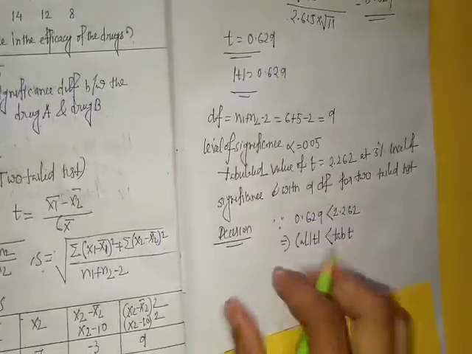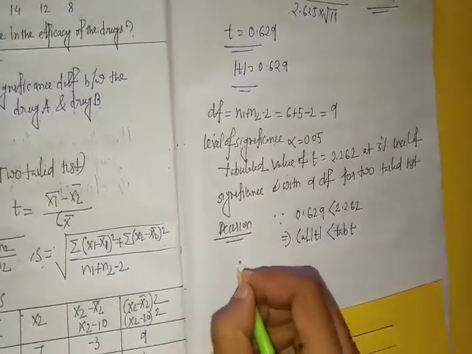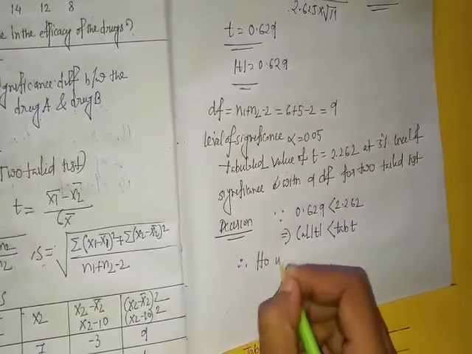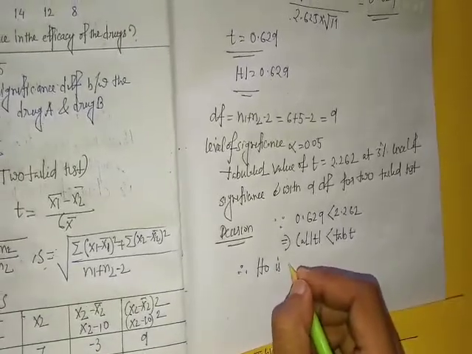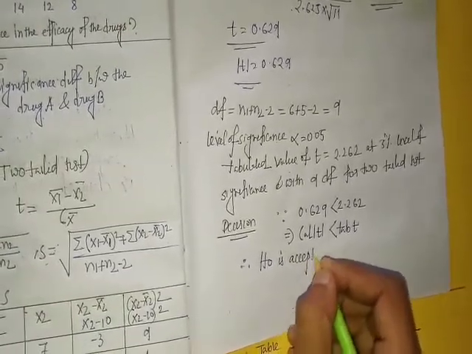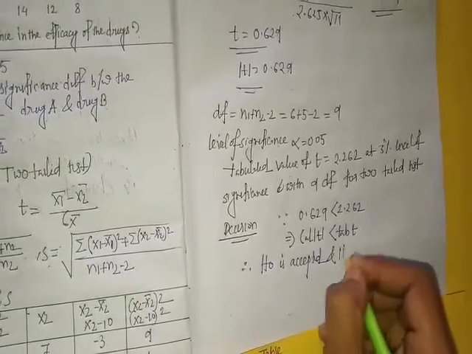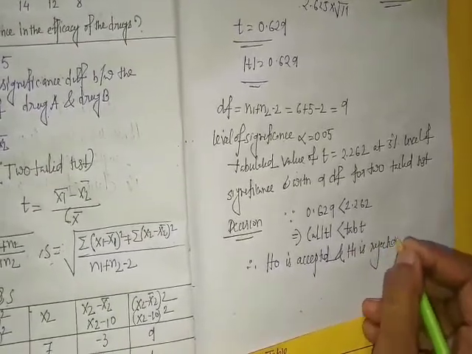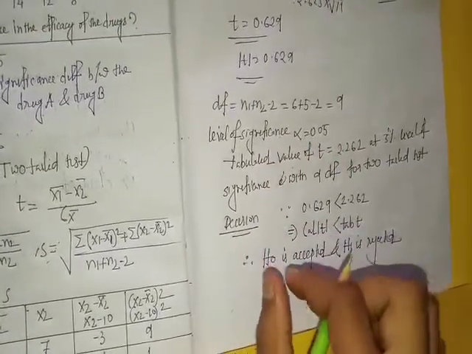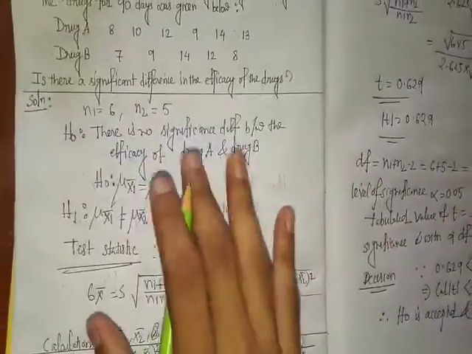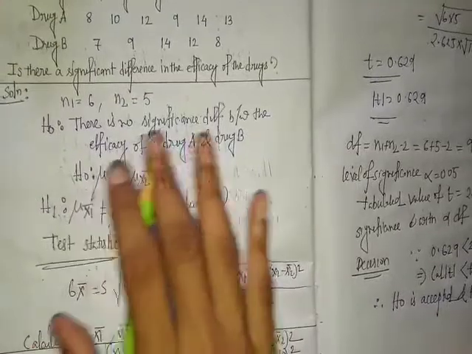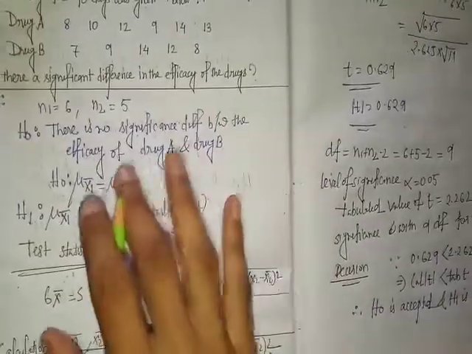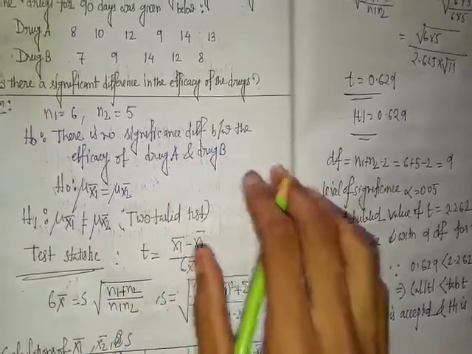Therefore the null hypothesis is accepted and the alternative hypothesis is rejected. So there is no significant difference between the efficacy of drug A and drug B.